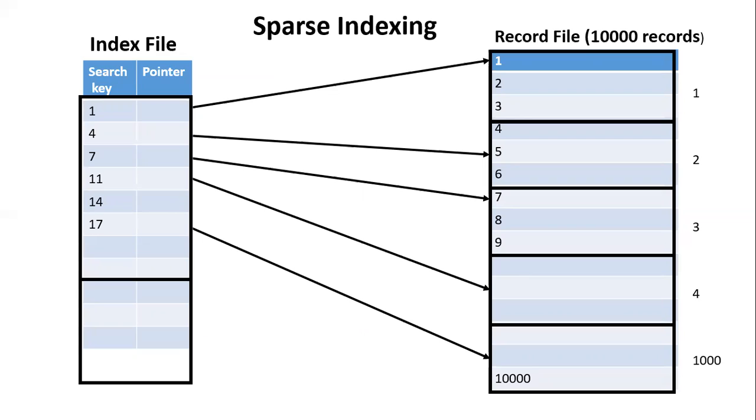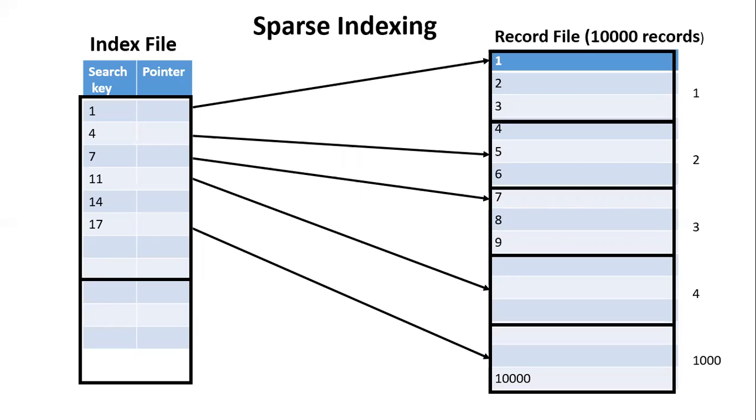So in sparse indexing, only one entry will be there corresponding to all the records of a single block, and that is why here the index file will be smaller and fewer blocks will be required compared to the dense indexing. So we always use sparse indexing whenever we have a sorted file.